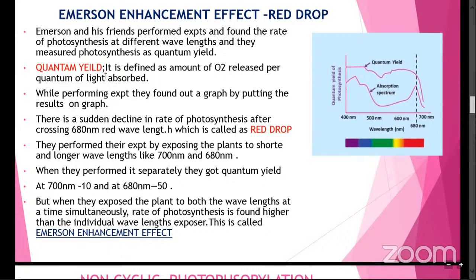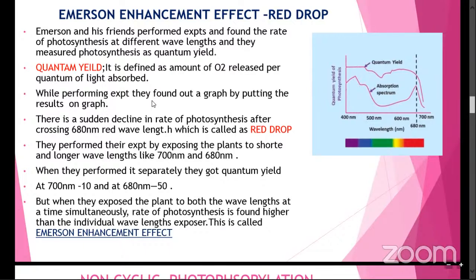So quantum yield is defined as the amount of oxygen released by photolysis per quantum of light absorbed during the light phase.